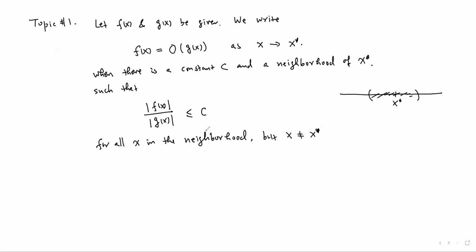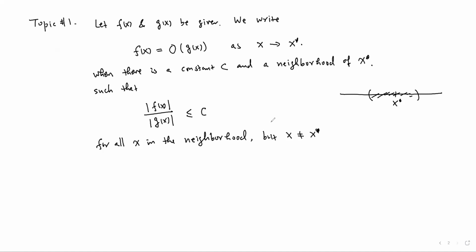If you can find some number c and some neighborhood of x star so that this inequality is true for all x in the neighborhood, x not equal to x star, then f is big O of g.